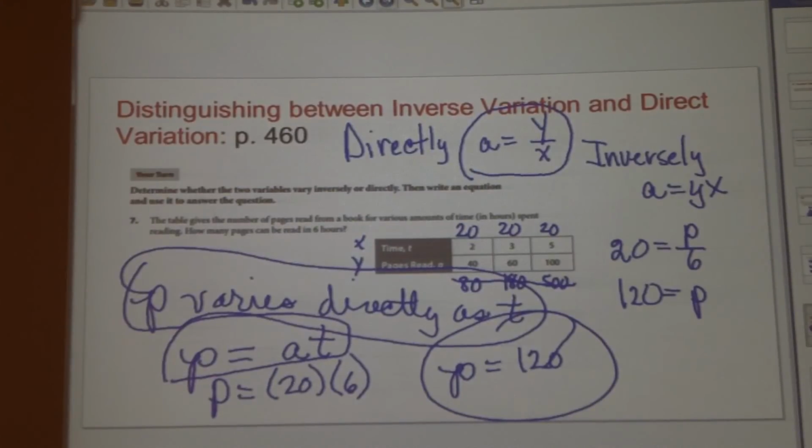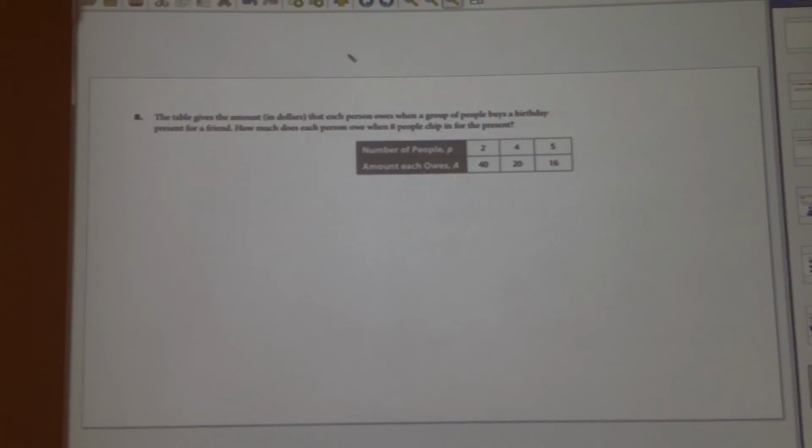All right, last one. Page 460, number 8. The table gives the amount in dollars that each person owes when a group of people buys a birthday present for a friend. How much does each person owe when 8 people chip in for the present? All right, so first of all, let's multiply them and see.